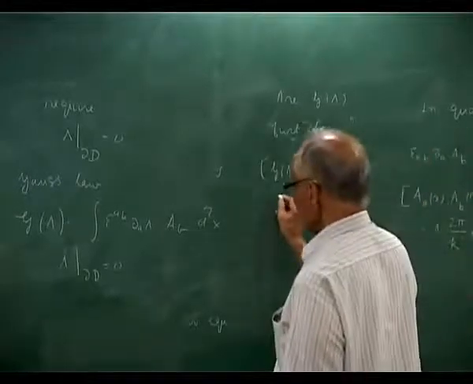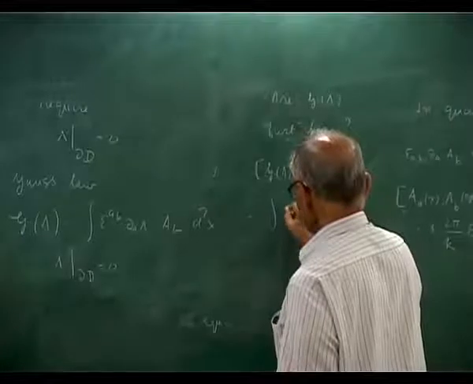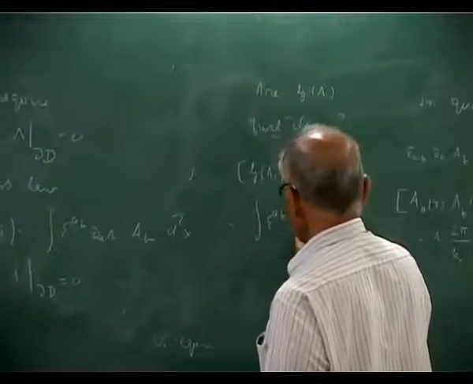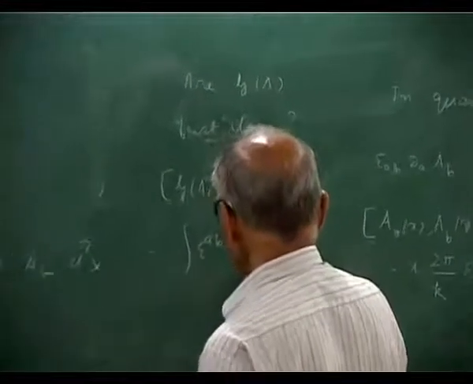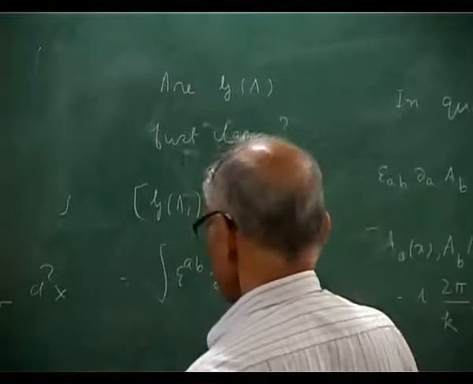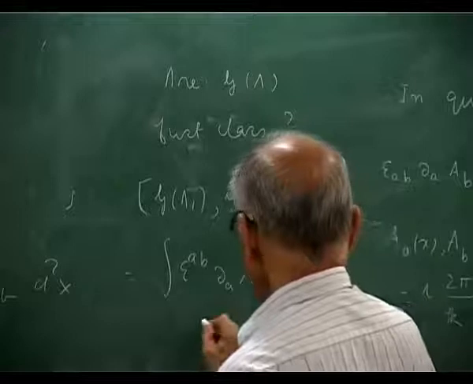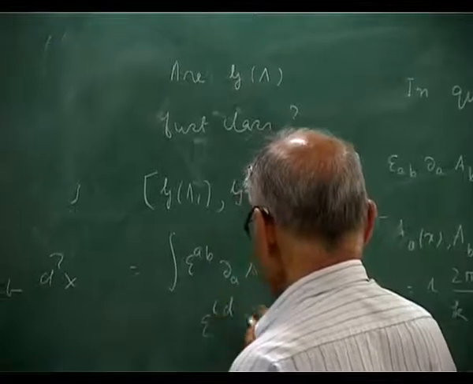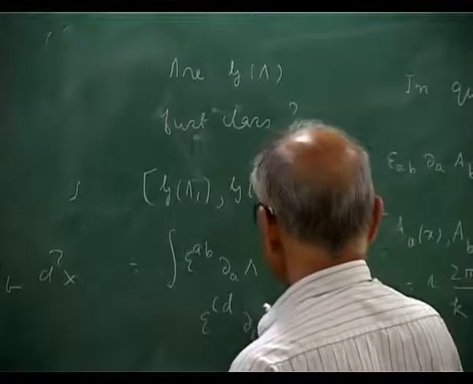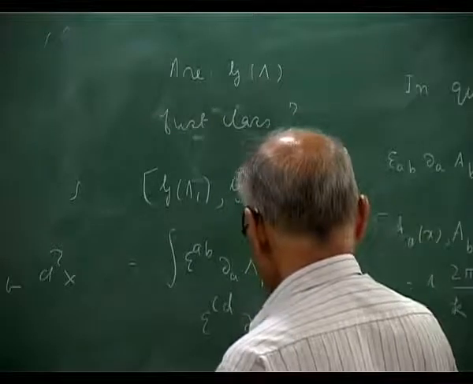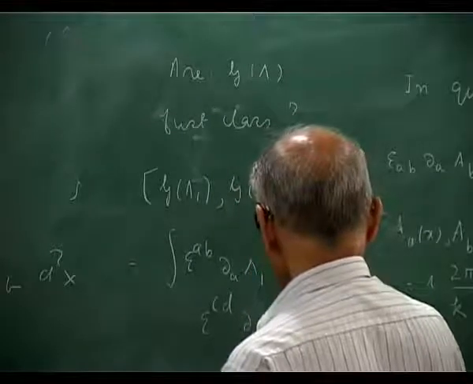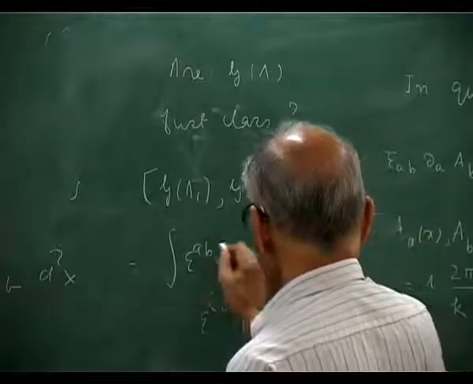Let us see what happens. We have epsilon AB dA lambda, and I am commuting. Then I will get d epsilon CD, dC of, call this lambda 1, call this lambda 2, AD, and I am commuting.